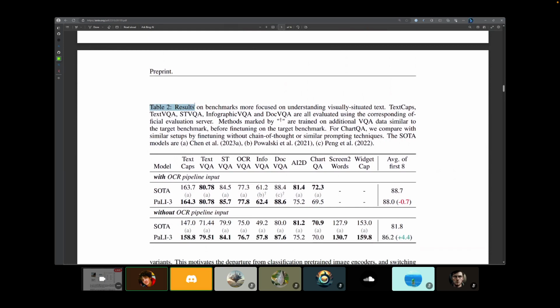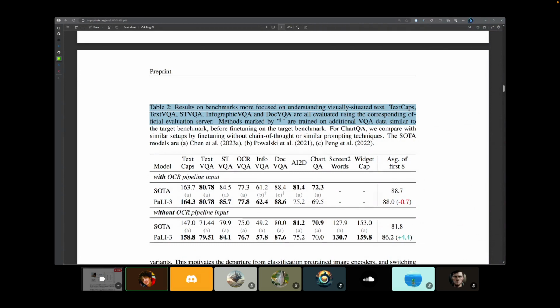Table 3 results on benchmarks are more focused on understanding visually situated text. TextCaps, TextVQA, ST-VQA, InfographicVQA, and DocVQA are all evaluated using the corresponding official evaluations.